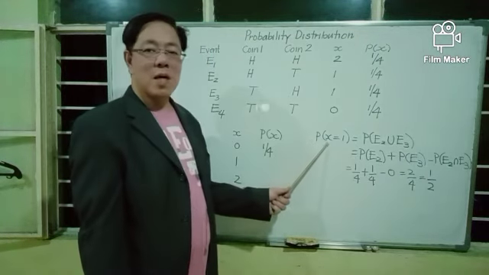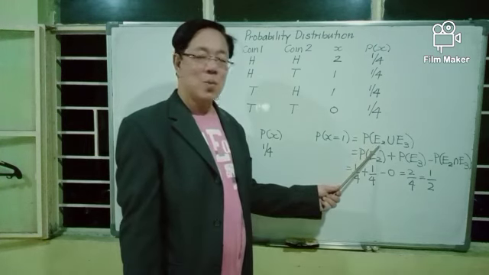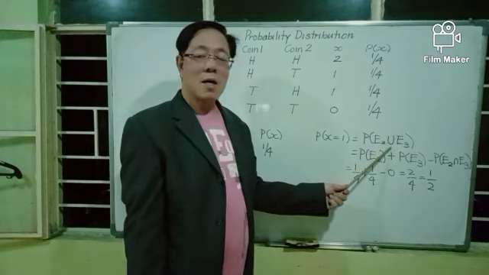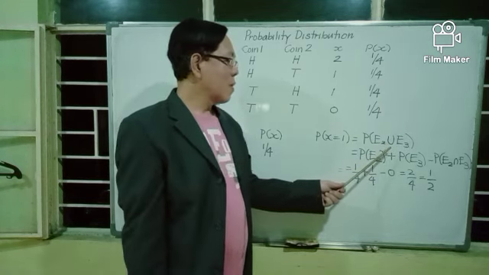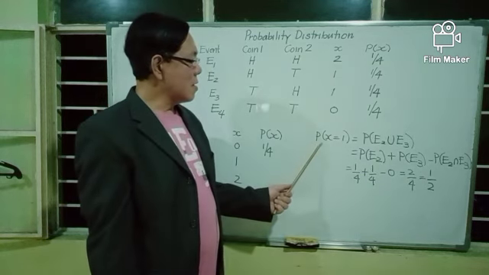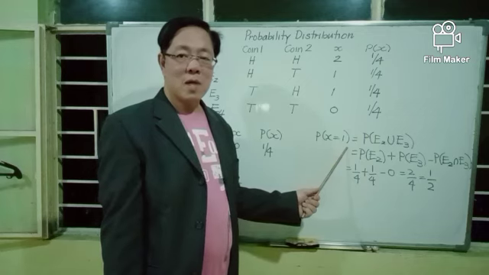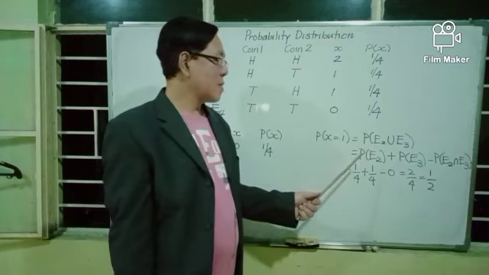The probability of getting x equals 1 is equal to the probability of event E2, or, this set operation union is used to represent or, event E3. The value x equals 1, or the event of getting 1 head, can occur in 2 ways.